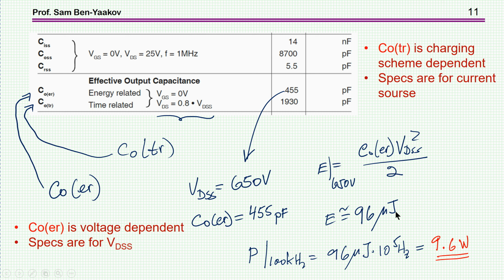So if you run this thing at a switching frequency of 100 kilohertz, so you have 100,000 switchings per second, then the power involved is 9.6 watts. That's 10 to the minus 6 and 10 to the fifth. So it's 10 to the minus 1 times 96, 9.6, almost 10 watts. That's quite a bit.